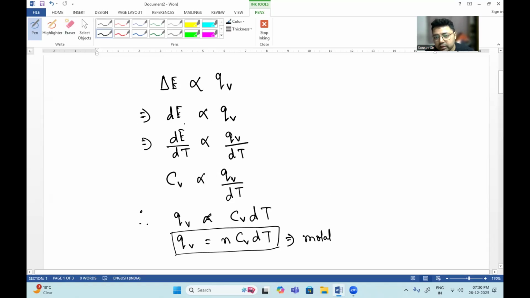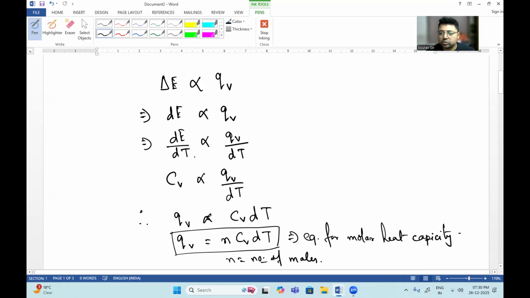This is the equation for molar heat capacity, where n is the number of moles. It is for CV, the molar heat capacity at a constant volume.